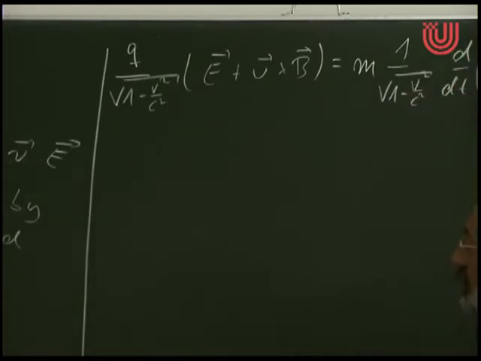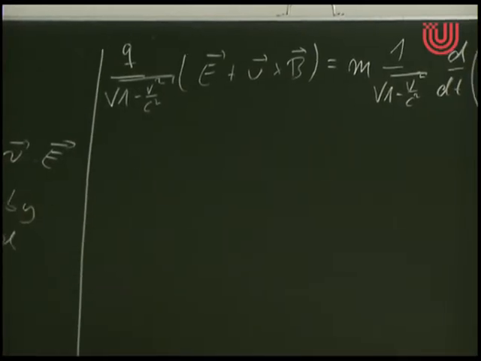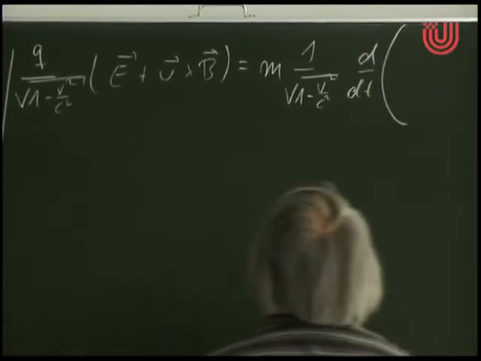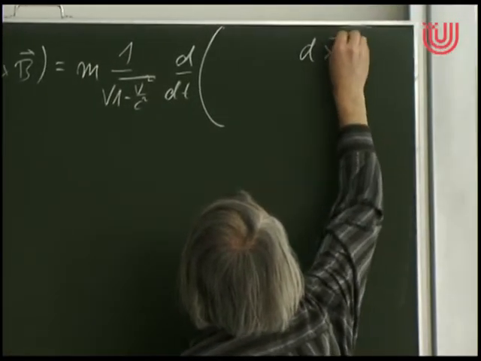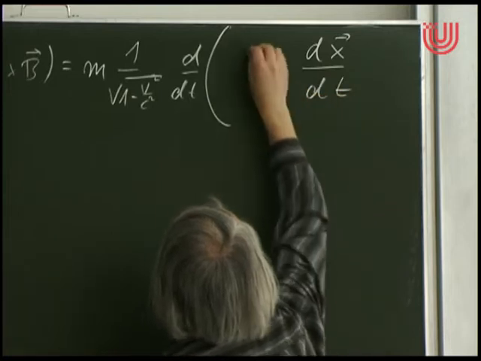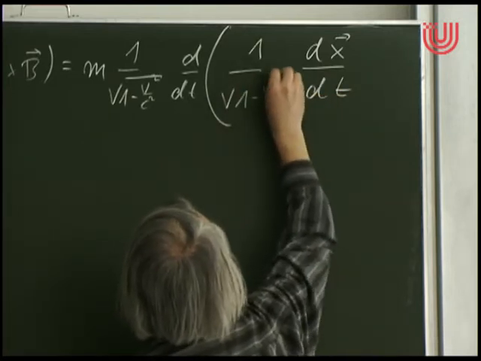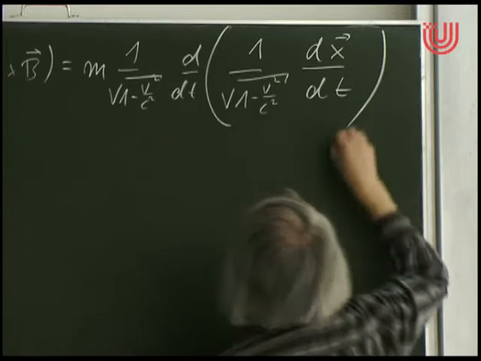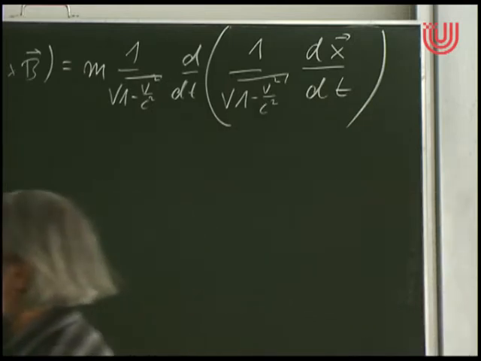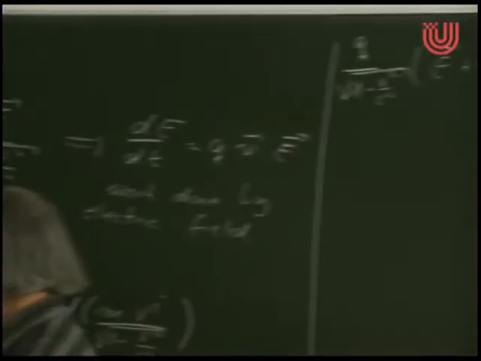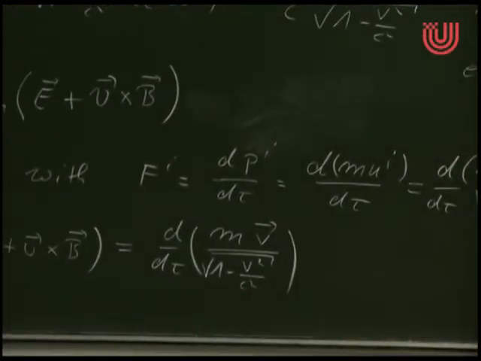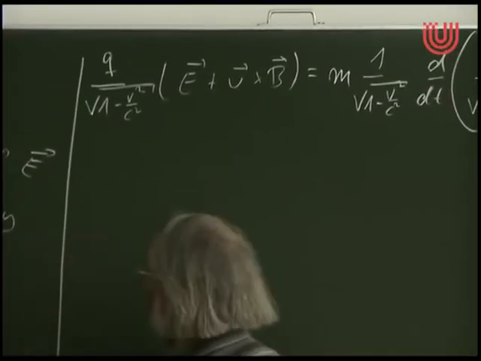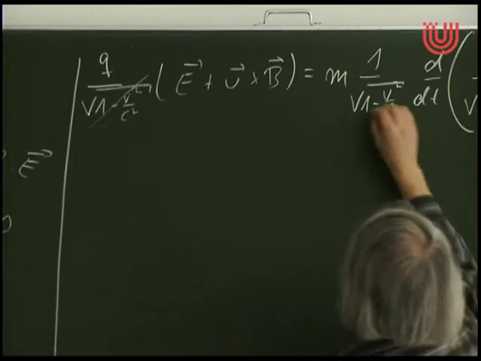And then I have inside the bracket v divided by the root. And v is dx by dt. And here I have the root. Okay? So I have rewritten this in terms of d by d tau. And for v, I have inserted dx by d tau. And then I see that I can cancel the root here.